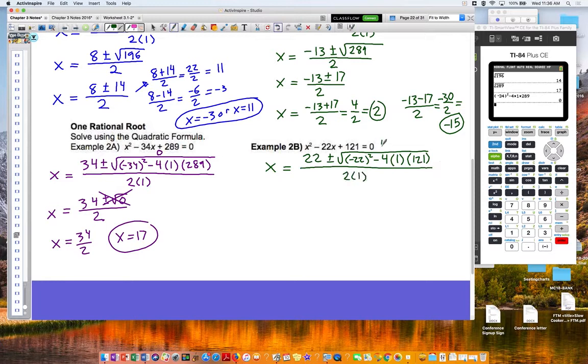Well, negative 22 squared is 484 minus 484, so that ends up being 0, just like the other one. So I have 22 plus or minus the square root of 0 over 2. That crosses out. 22 divided by 2 is just 11. So you can see that on that one, I'm only getting one solution. All right, let's go to the next page.